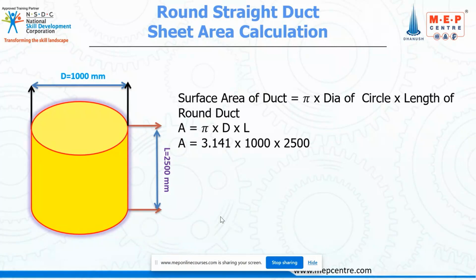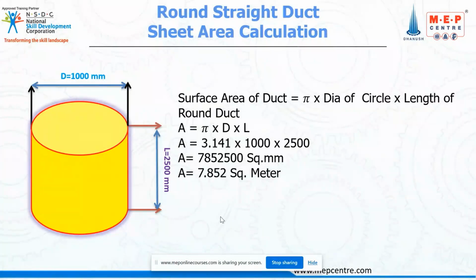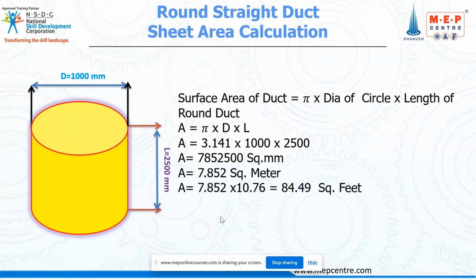So 3.14 into 1000 into 2500, which is 78,52,500 square mm होगा. उसको स्क्वायर मीटर में कन्वर्ट किया तो 7.85 स्क्वायर मीटर होता है. So when you convert it into the square feet, so 7.85 into 10.76, which is 84.49 square feet.